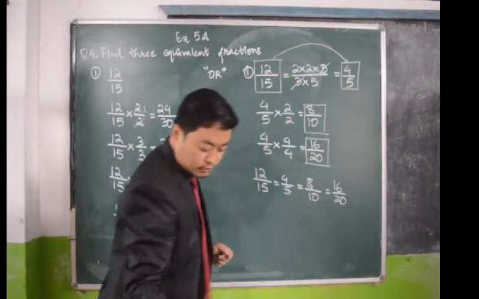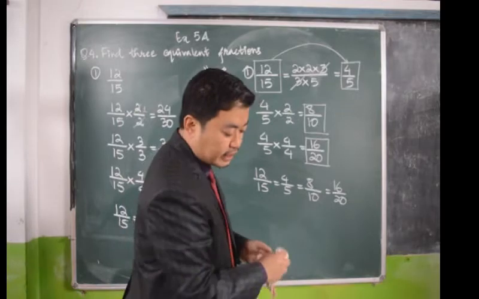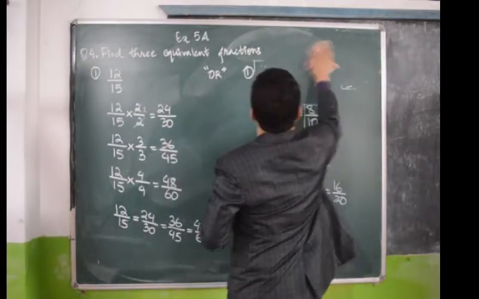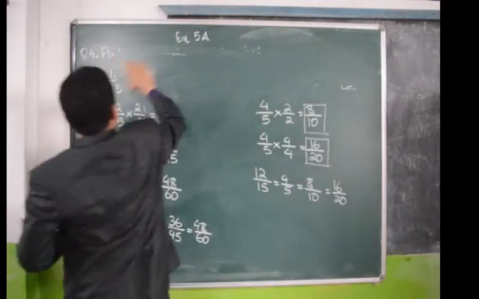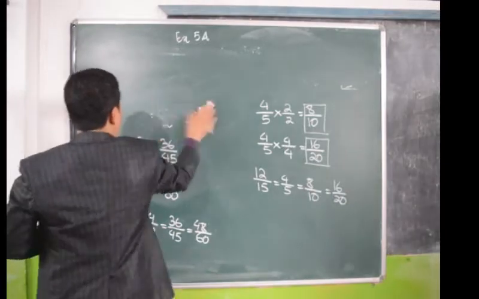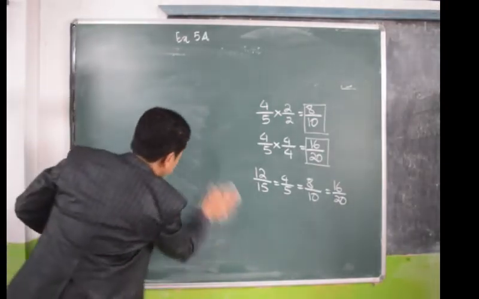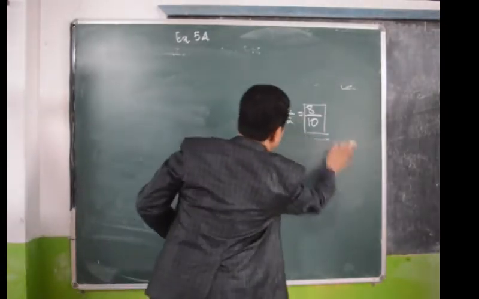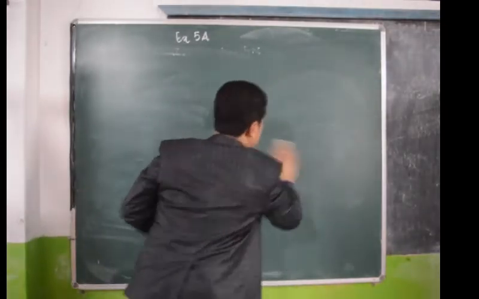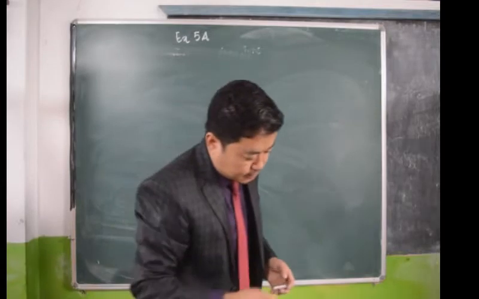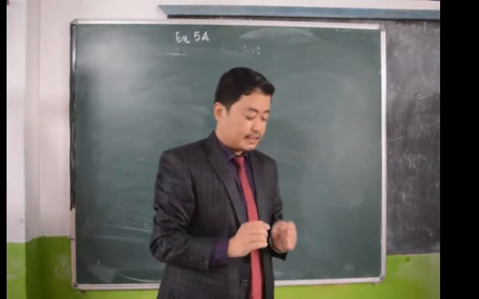In question number 6, we have: write an equivalent fraction of a given fraction with numerator as 36. Again it's about equivalent fractions. Now see, this one is a very interesting one.